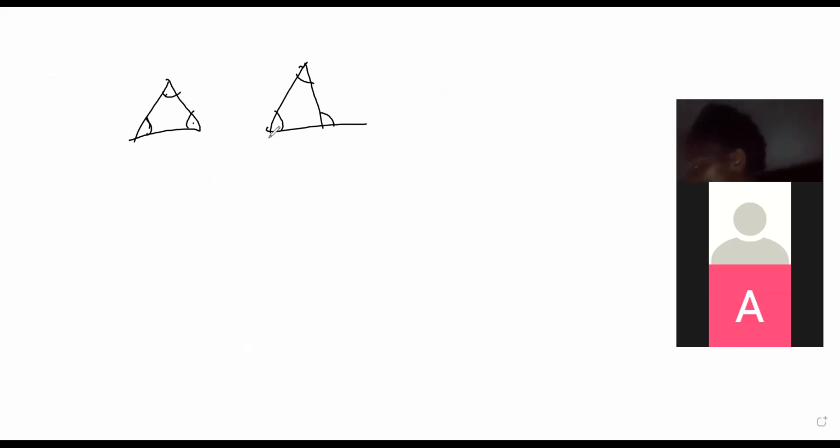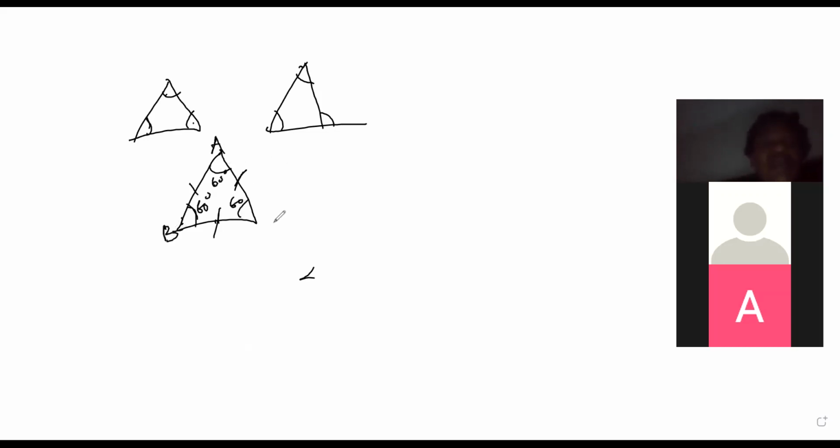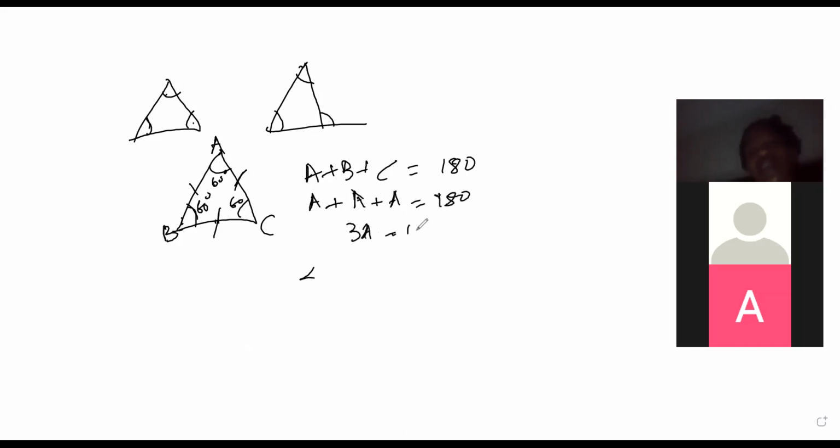An equilateral triangle has equal sides and equal angles, so this side and that side are equal. The angles are all equal to 60 degrees, because if A, B and C are equal, A plus B plus C must give you 180, the angles of a triangle. So 3A is 180. Therefore A will be 60, C will be 60, B will be 60 degrees.